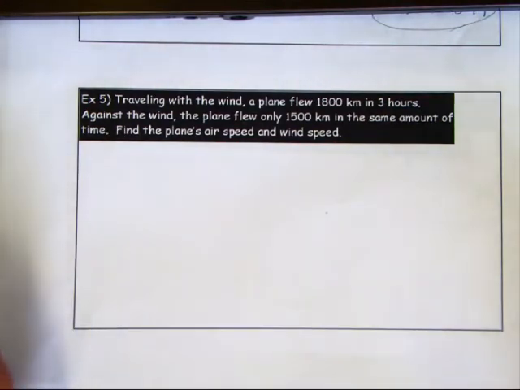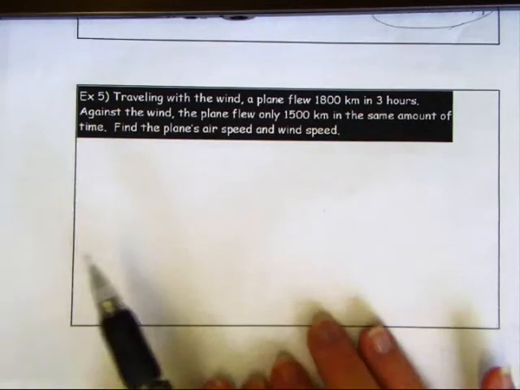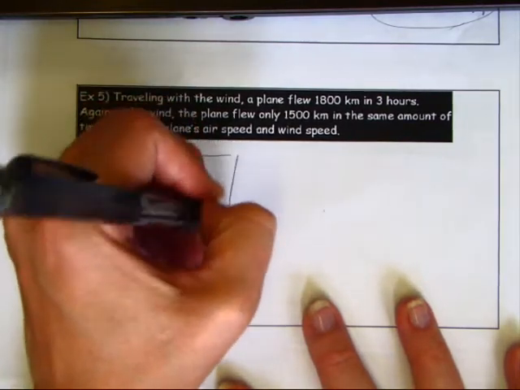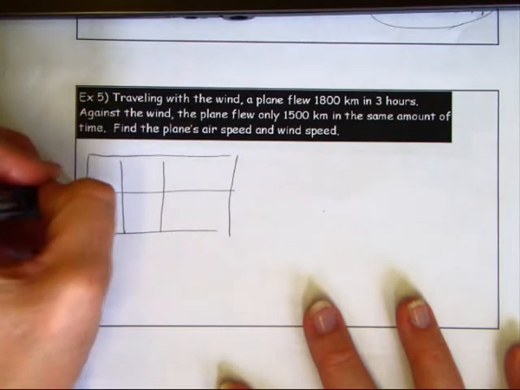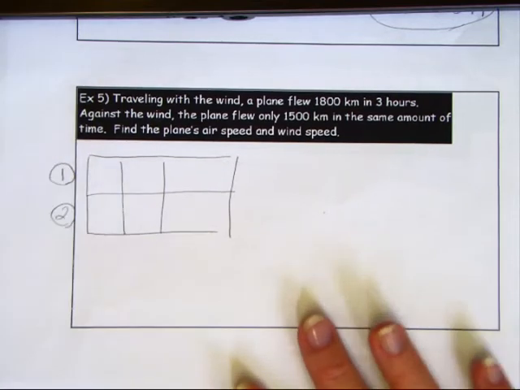Alright guys, so what we're talking about is a significant distance, a time, and a rate. Okay, this one is different than the airspeed problems from yesterday because they are really concerned about the distance. So we're going to use our chart. Okay, we have plane trip number 1 and plane trip number 2.